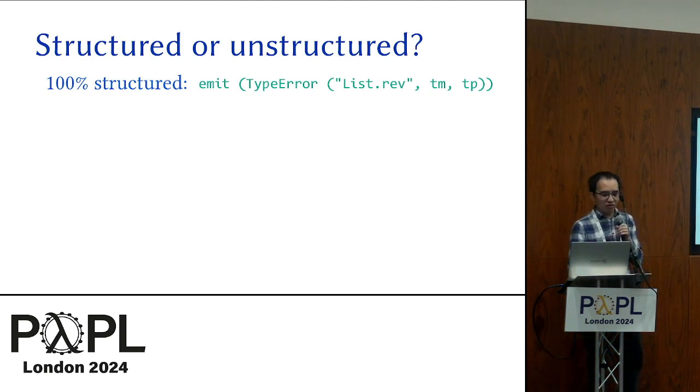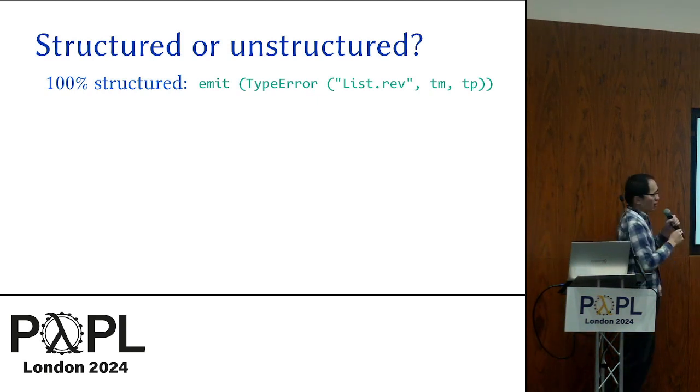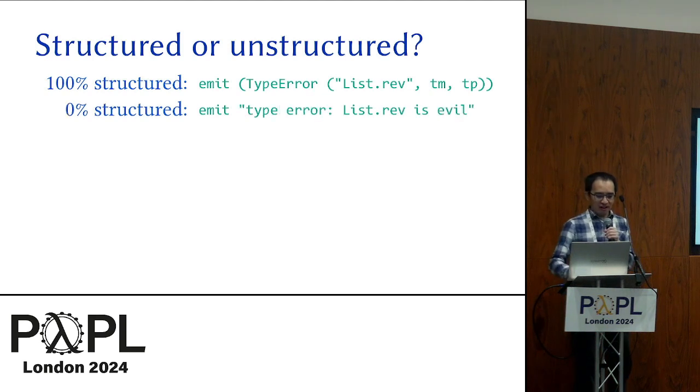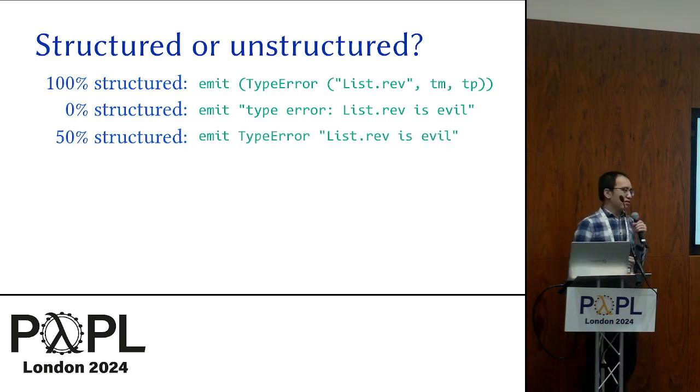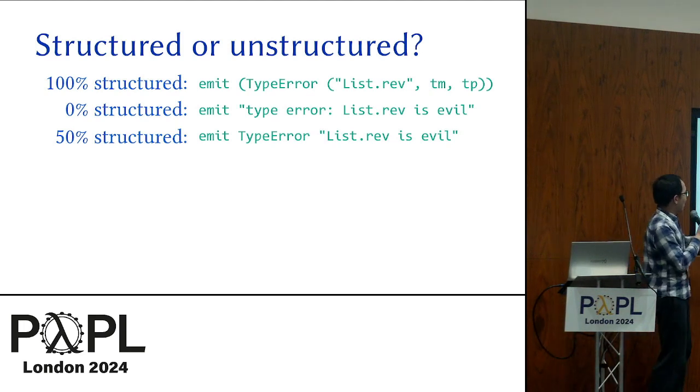So I'm going to call it 100% structured, and 0% structured is just a string or something like that. And you might want to stand in the middle, which means that, for example, there's a type error, but I'm not going to give a unique constructor for every kind of type error.